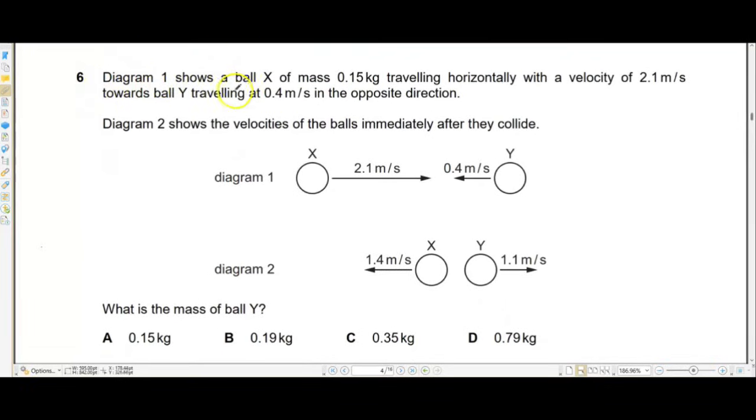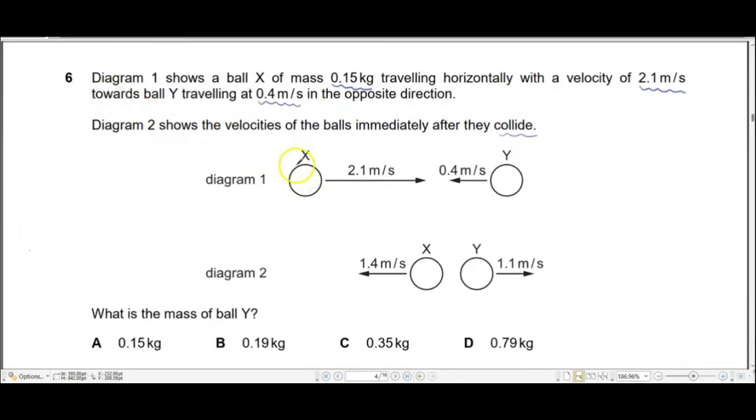Question number 6. Diagram 1 shows a ball of mass 0.15 kg traveling horizontally with a velocity of 2.1 meter per second towards ball Y, traveling at 0.4 meter per second in the opposite direction. Diagram 2 shows the velocities of the balls immediately after they collide.